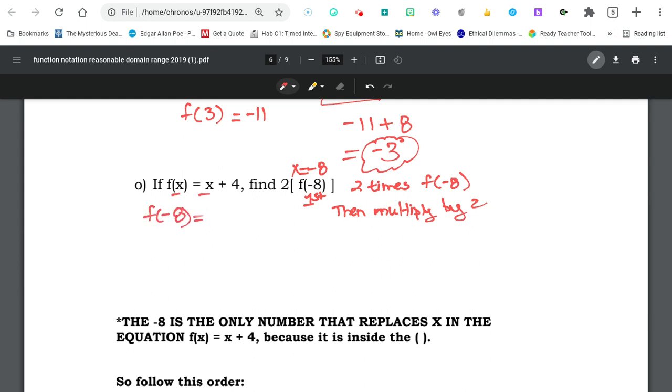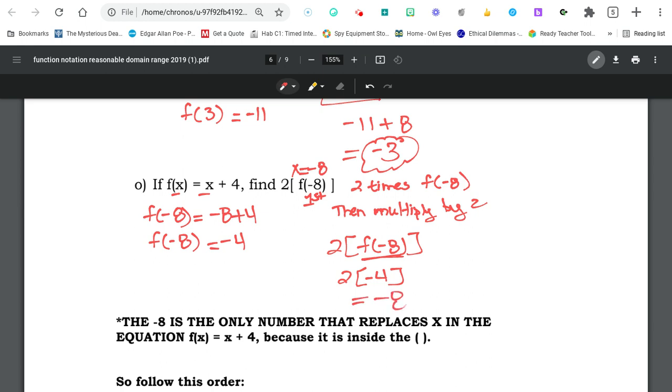So I end up with negative 8 plus 4, which is negative 4. So I found f of negative 8. I'm going to write this back down. This gets replaced with negative 4. So 2 times negative 4 equals negative 8. That's my final answer. That's all you do.